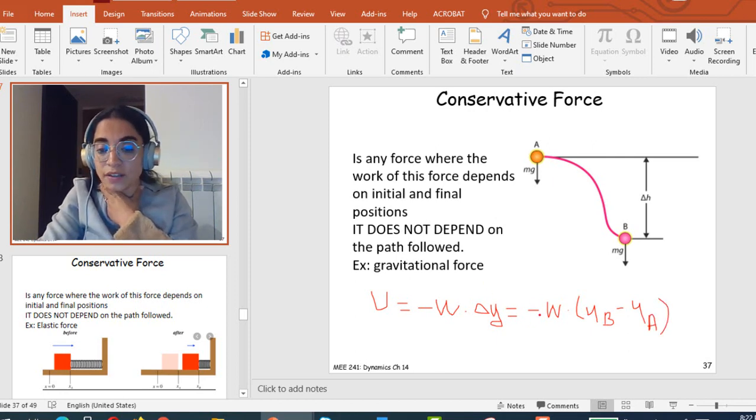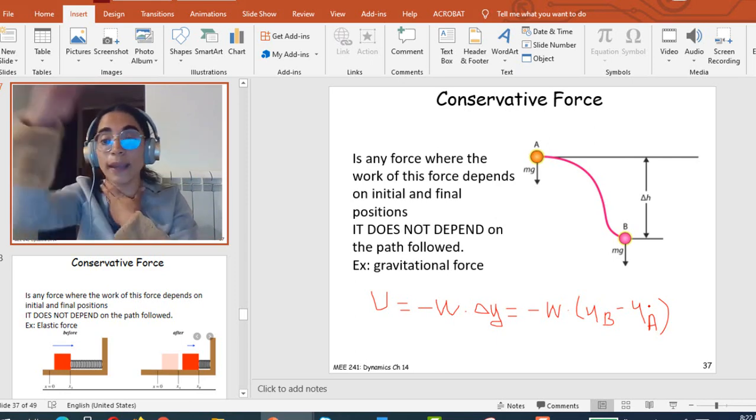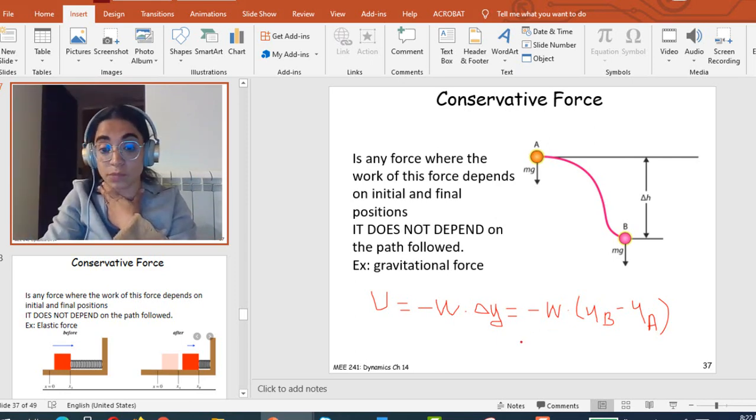If I remove the sign, so that it is the weight times (YA minus YB), which is a positive term, then this will be W times delta H.